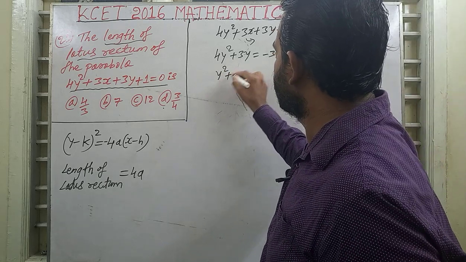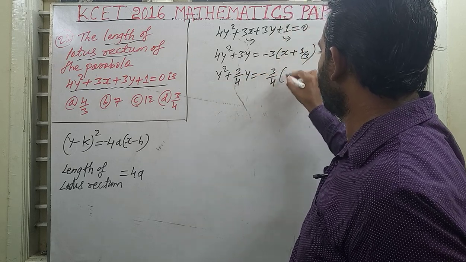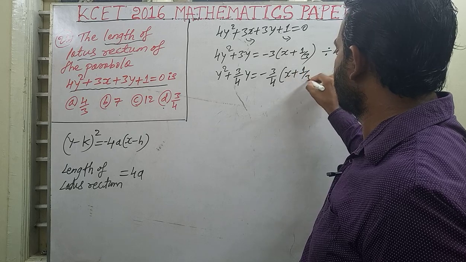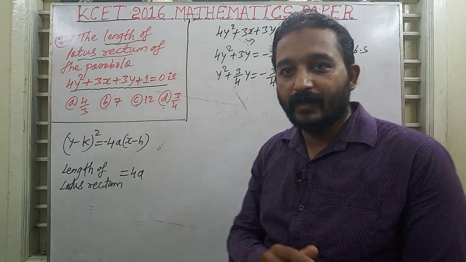y square plus 3 by 4 y is equal to minus 3 by 4 into (x plus 1 by 3). Now 3 by 4 divided by 2, we get 3 by 8.